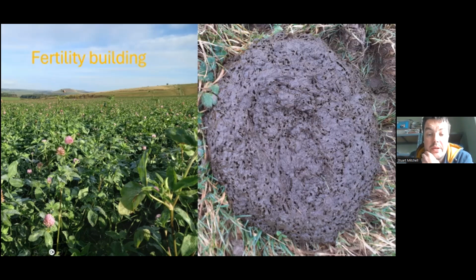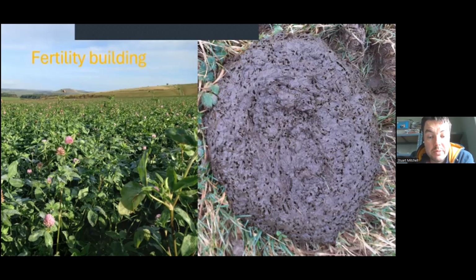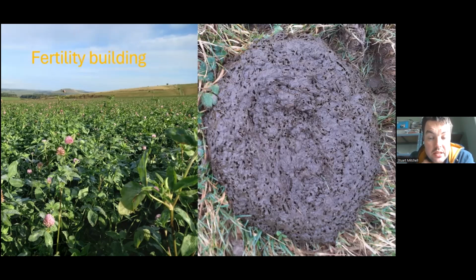But if you can build fertility with the cattle eating high quality, especially red clover or something along that line, for a couple of years, even a year, have the cattle on there eating that, breaking it down into the soil. When clover like that's eaten at big length, it'll dump a lot of its nitrogen straight into the soil when it's under stress, which is when the cattle eat it.